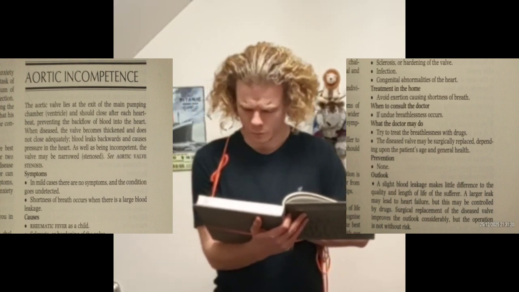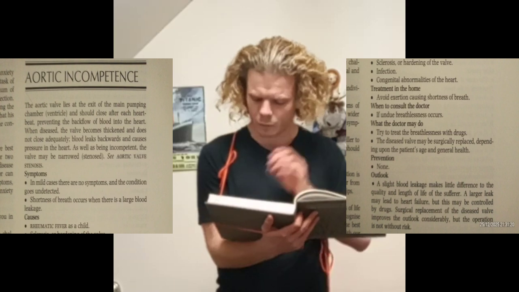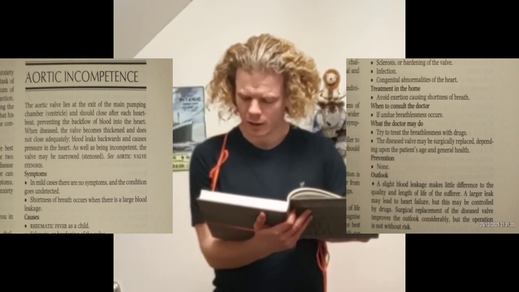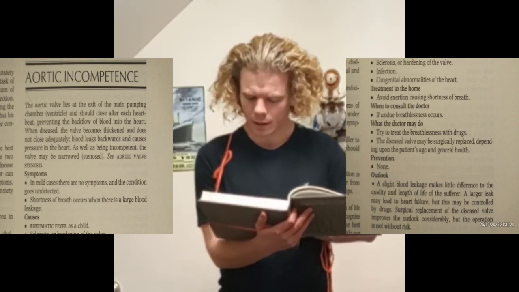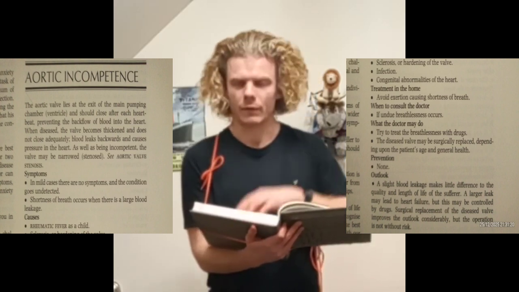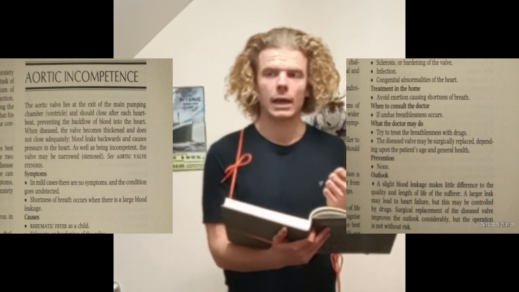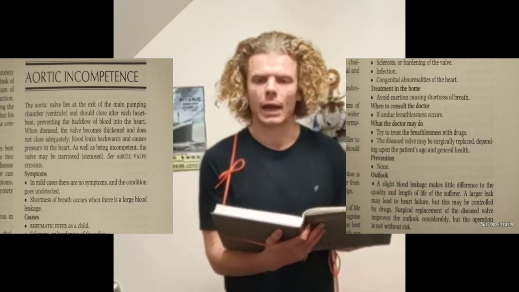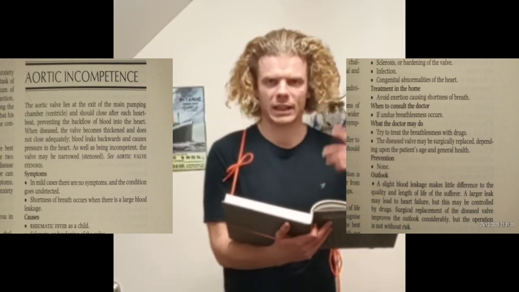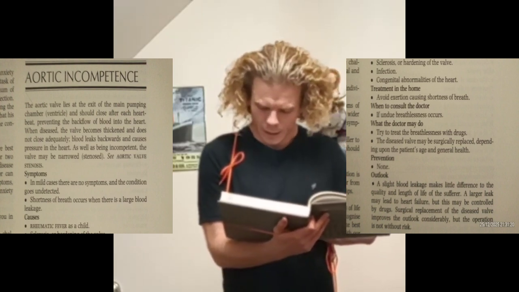What the doctor might do: try to treat the breathlessness with drugs. The diseased valve may be surgically replaced, depending upon the patient's age and general health. Okay, there are medications, but if it is severe and the patient's health allows it, there is the option of surgery, replacing the valve. Outlook.